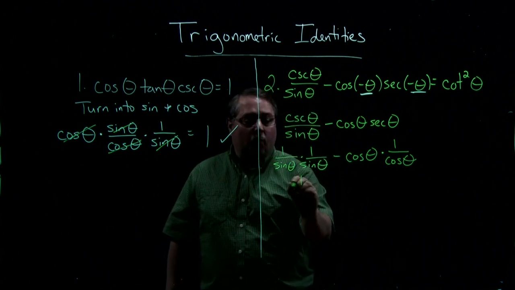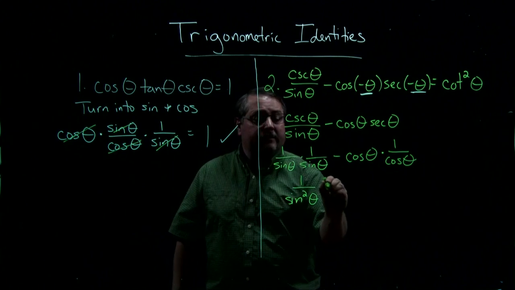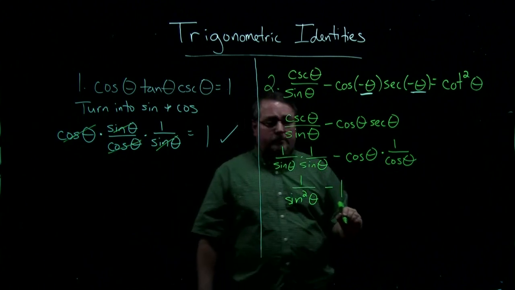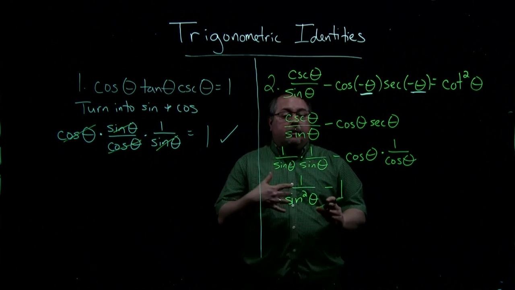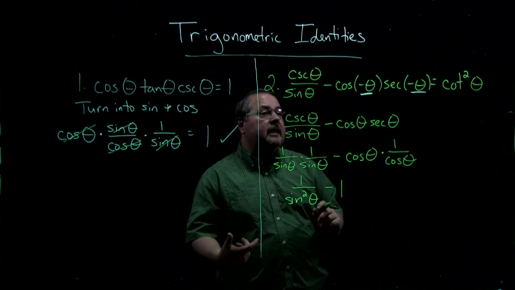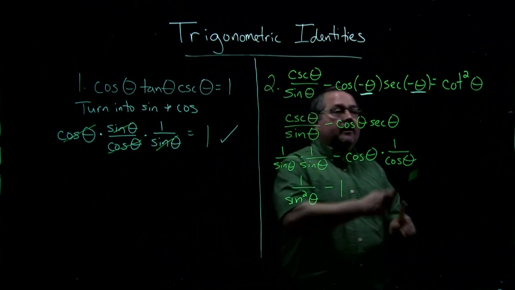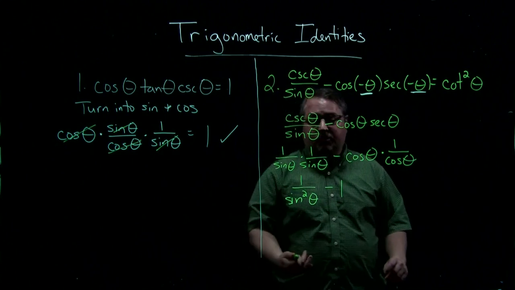Okay, so we have 1 over sine squared theta minus 1. And now again we want to think in terms of Pythagorean identities, and the Pythagorean identity that involves cotangent squared also involves cosecant squared.